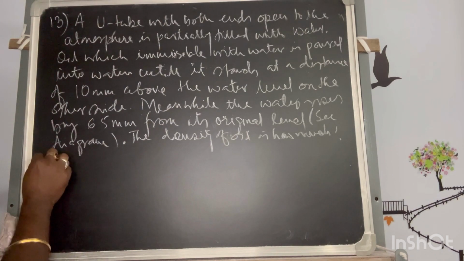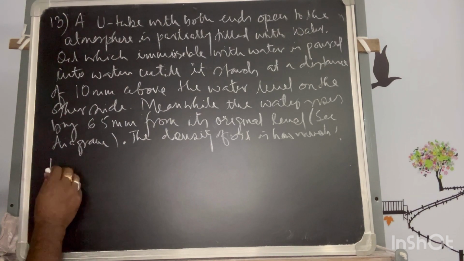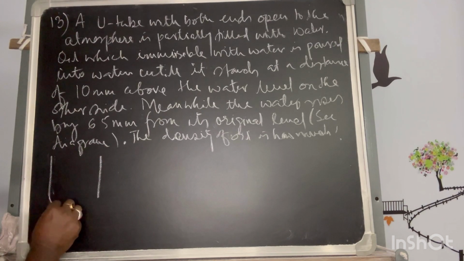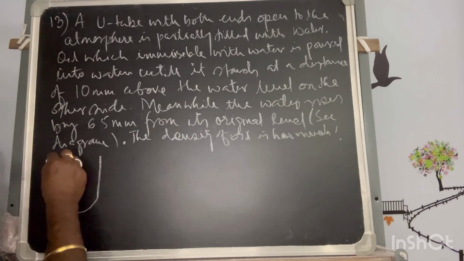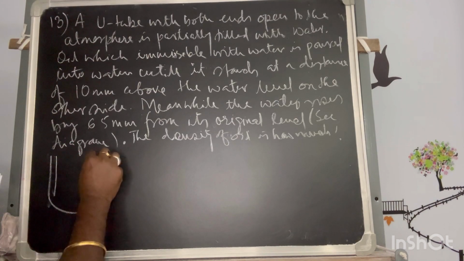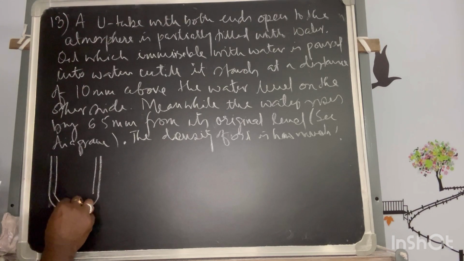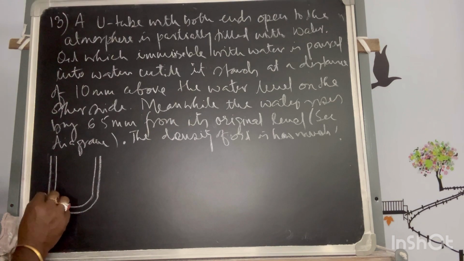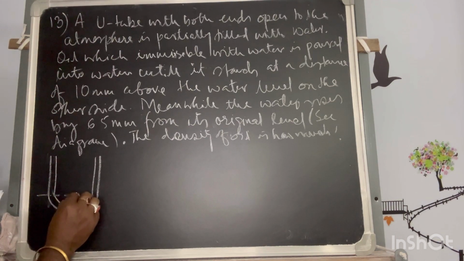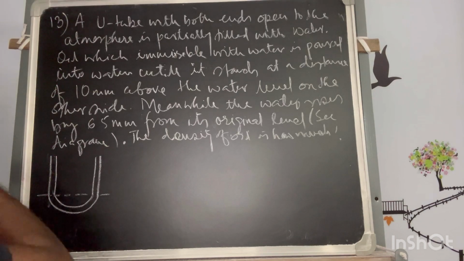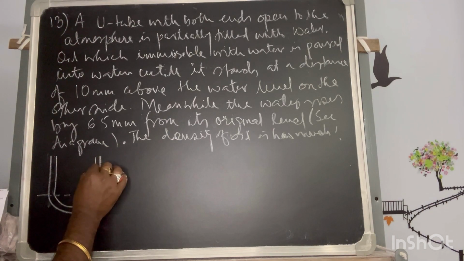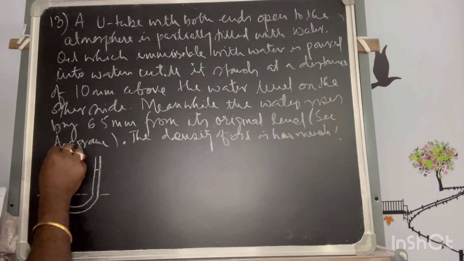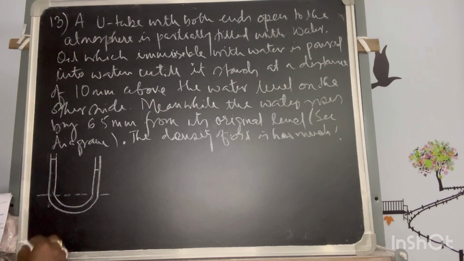Now draw the picture. Draw the U-tube, a U-shaped tube with two vertical arms. Water is up to this level, and this is up to this.